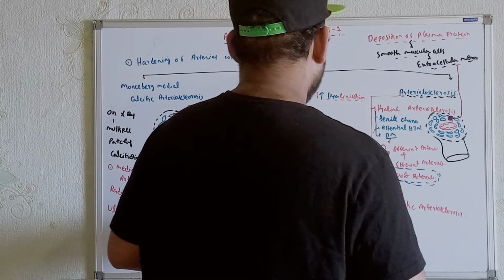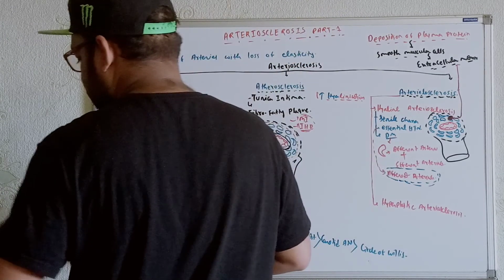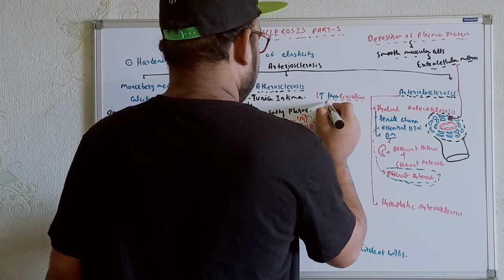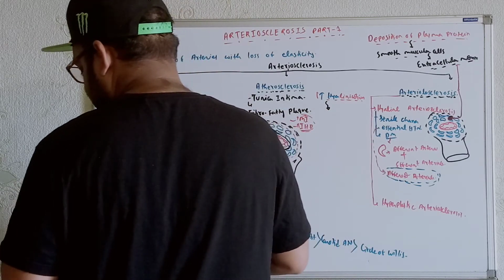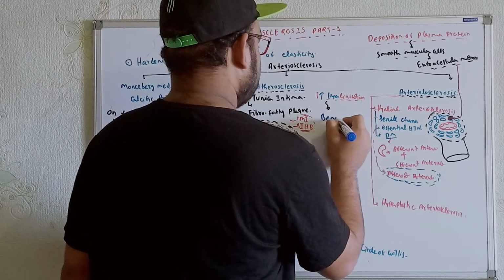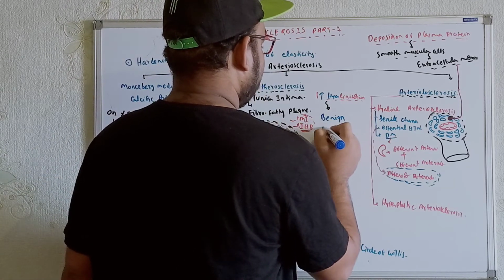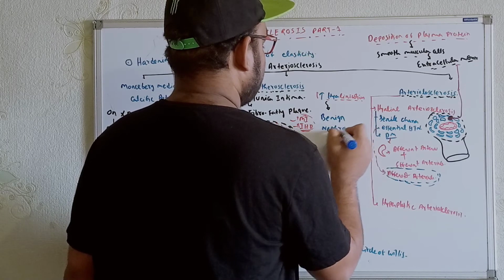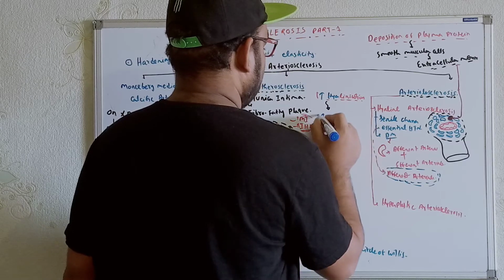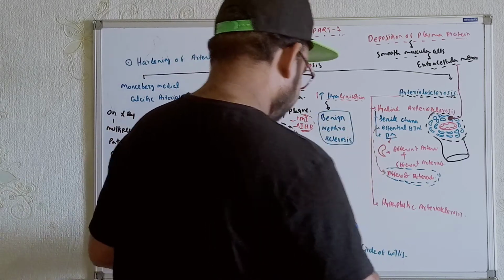Okay. In this case, we will get what is known as, write it over here, benign nephrosclerosis. Benign nephrosclerosis. Okay.